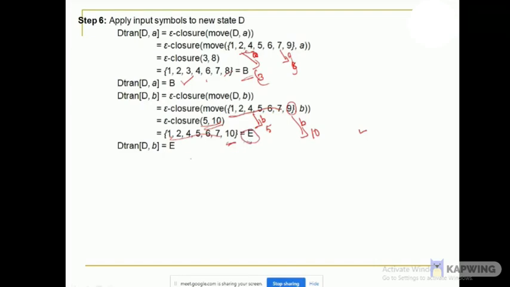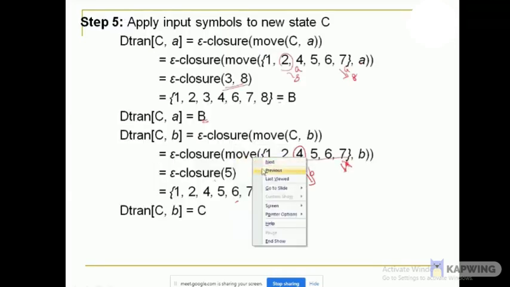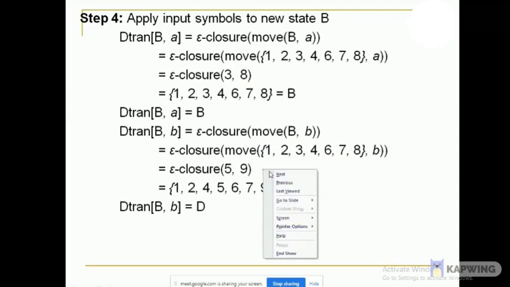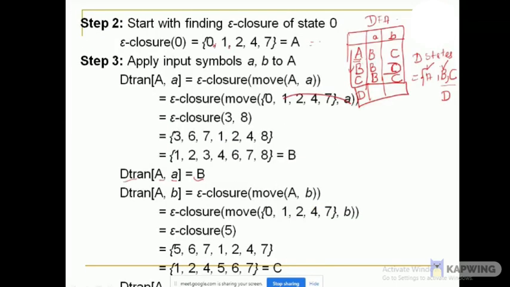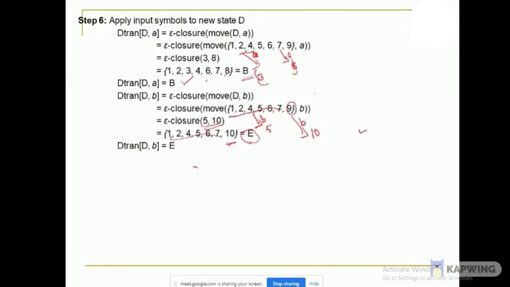Okay. Again, we have to find the transition for D state. So let me write it here. On input symbol A, it is moving to which state? B. On input symbol A, it is moving to B, right?